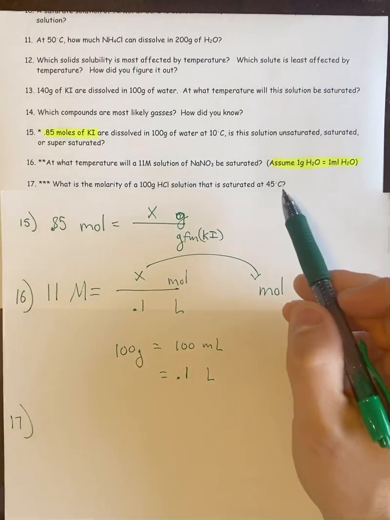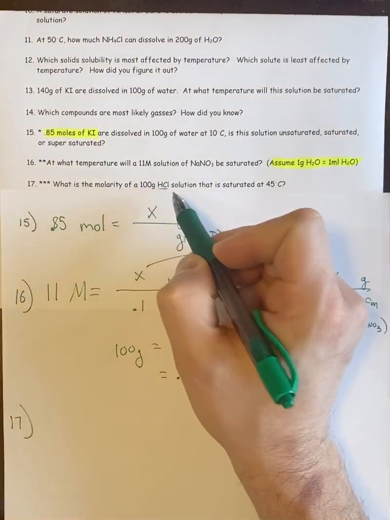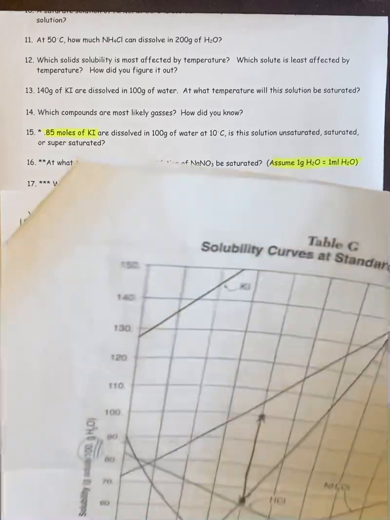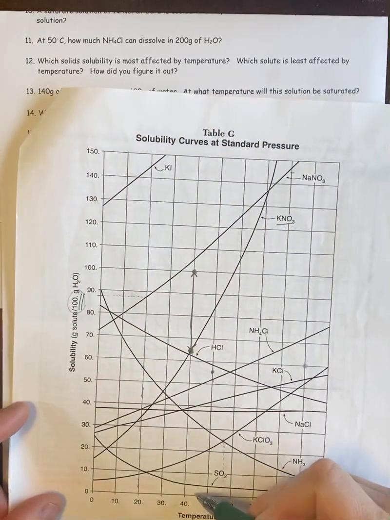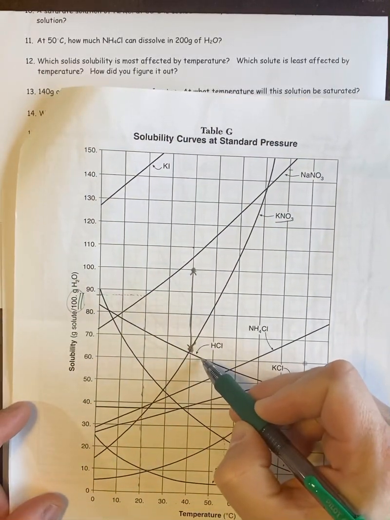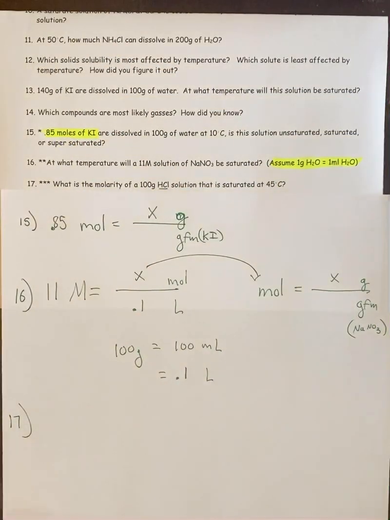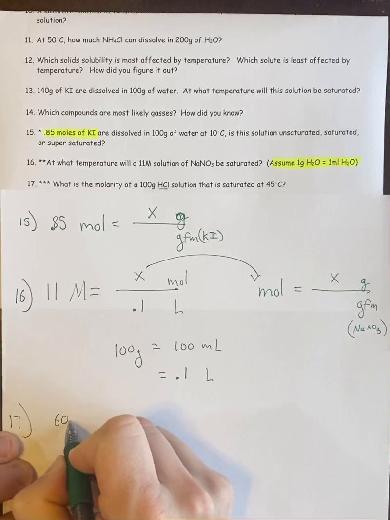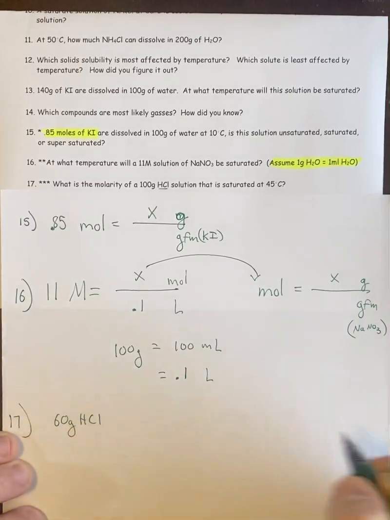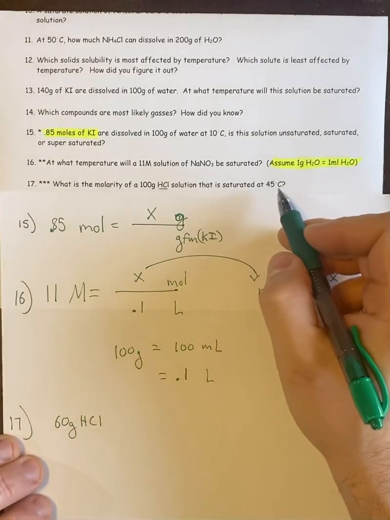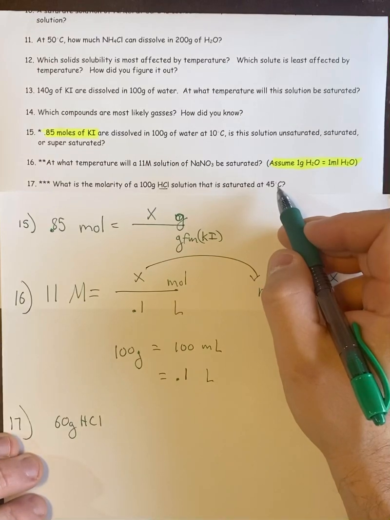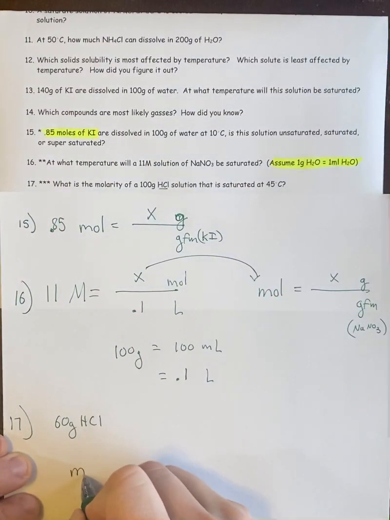So what you would do is you'd go to 45C and go to HCl and find out how many grams can dissolve. So at 45C, you go up to HCl, you pretty much hit this line, and you get 60 grams. So I know I have 60 grams of HCl that can dissolve at 45C. They want to know the molarity. Well, guess what?